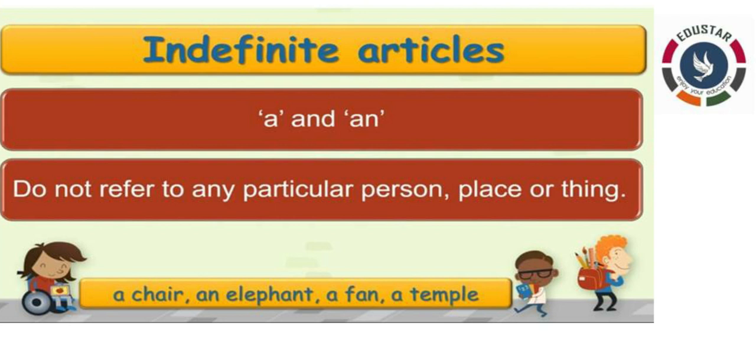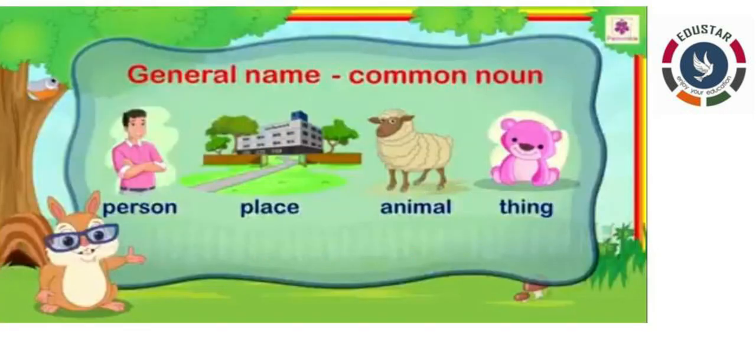Indefinite article comes before a singular common noun. Already I told you what is a noun. Now what is a common noun? A common noun is a word that does not refer to any particular person, place or thing. It gives a common name to a person, place, animal or thing of a small class or a kind.